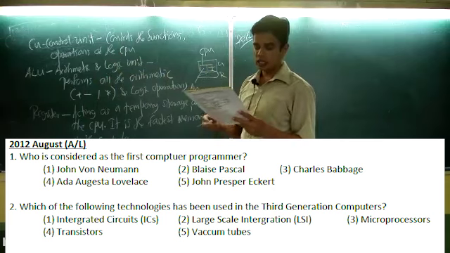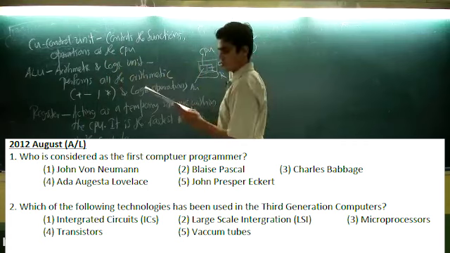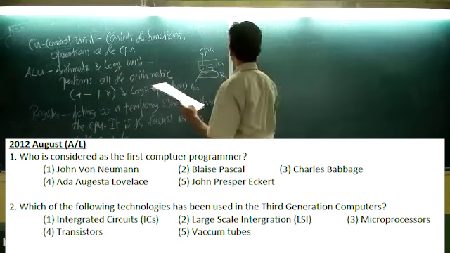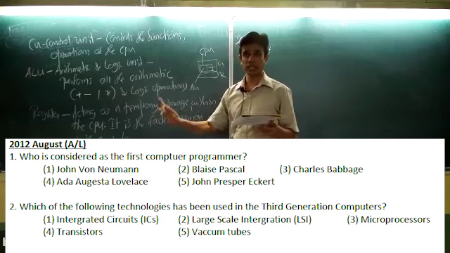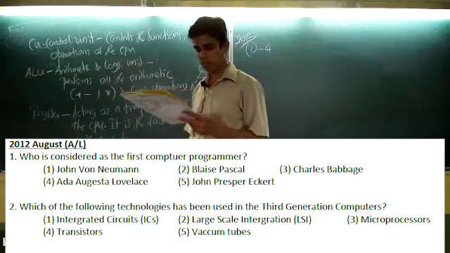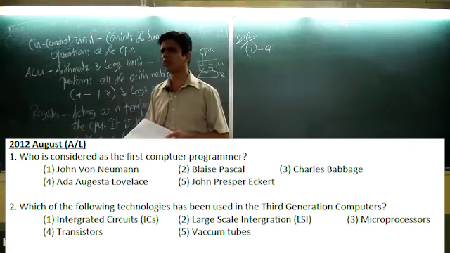Who is considered the first computer programmer? Ada Augusta Lovelace. Fourth one is the answer. So no argument, right? They are direct theories read from the notes. Then one more thing, John von Neumann. What is the importance of that person?